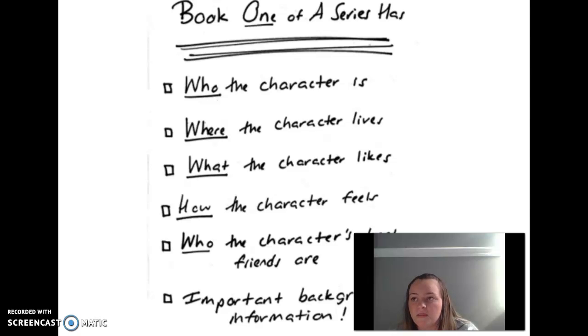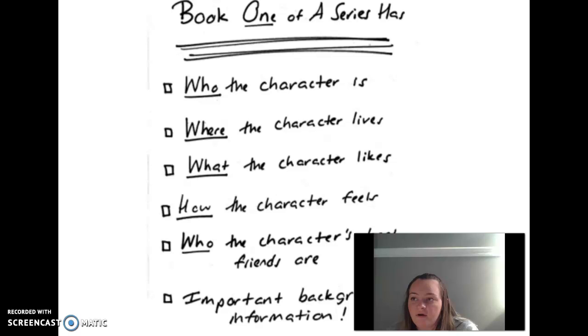The background information of our other characters we could add in if that character is, let's say, their best friend that is part of each story. Since I don't have a character that is going to continue to be in my main character's adventures, I don't have to add them in there.